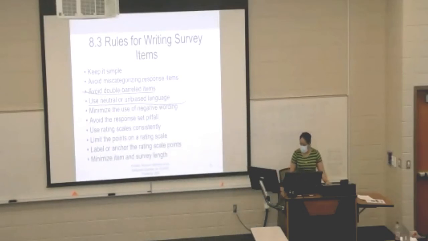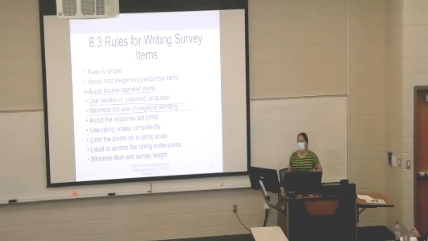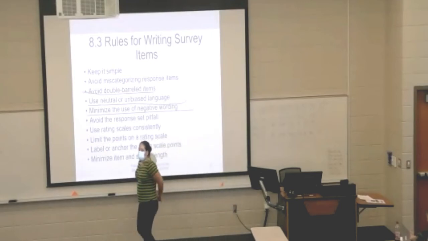Now, similarly, we would want to avoid negative words, right? So you see that a lot in surveys that are political in nature. You would see something like, I hate this political group, right? Or I hate people that identify with XYZ party.